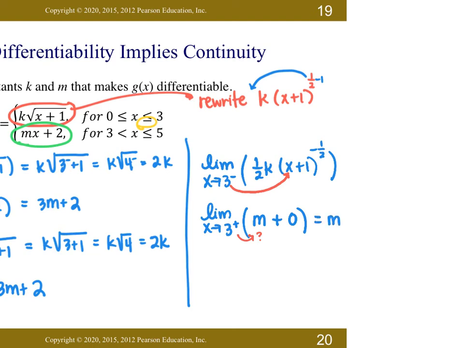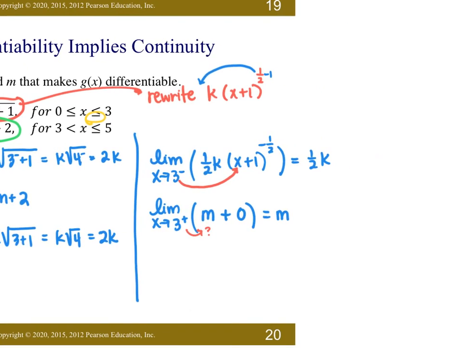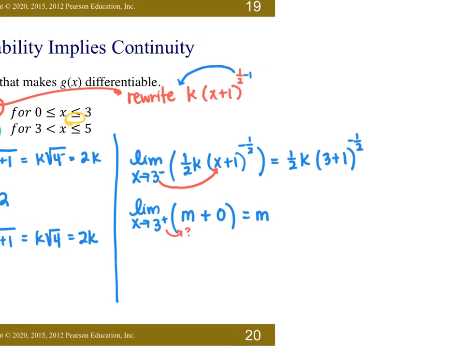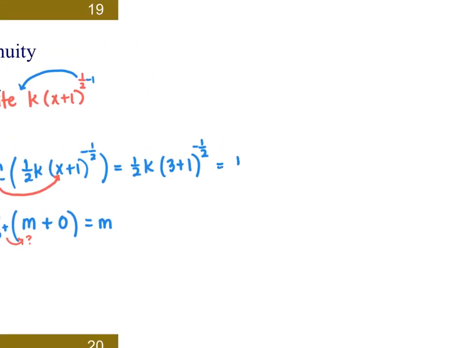And the answer to this will be 1/2 k, and then 3 plus 1 to the negative 1/2. So we'll keep going with that. That's 1/2 k times 4 to the negative half. And I got to rewrite this back in its regular form. 1/2, the k is on the top, and the 4 is on the bottom under a square root.